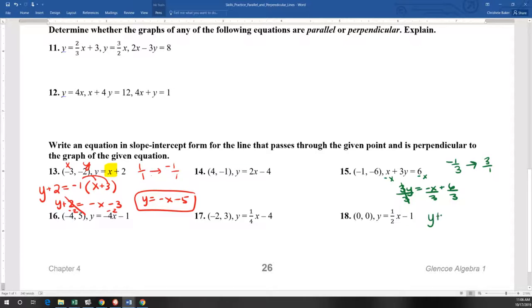So y minus my y value is equal to m times x minus my x value. Distributing that 3. Subtracting 6 from both sides. 3x minus 3.